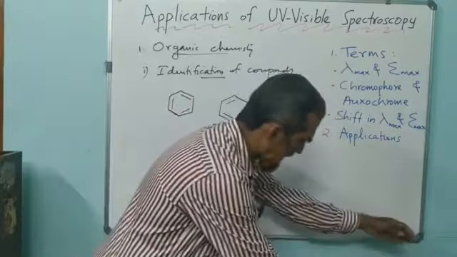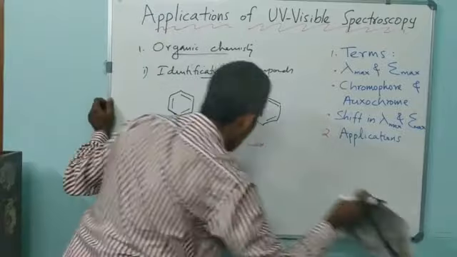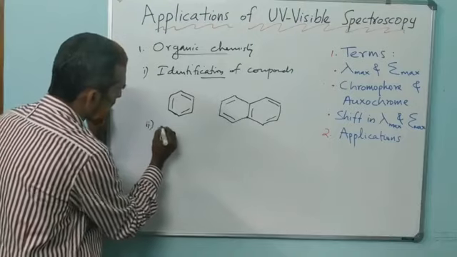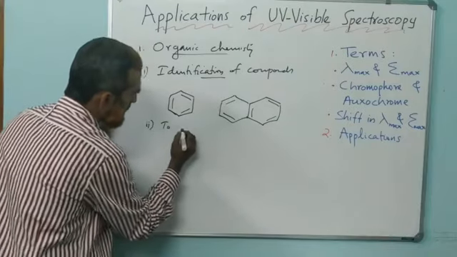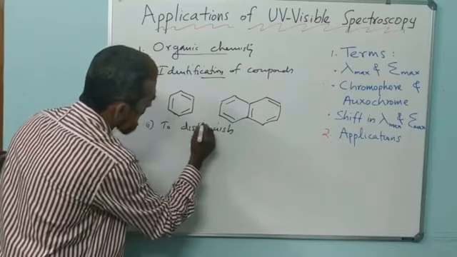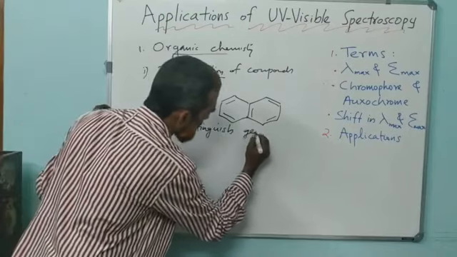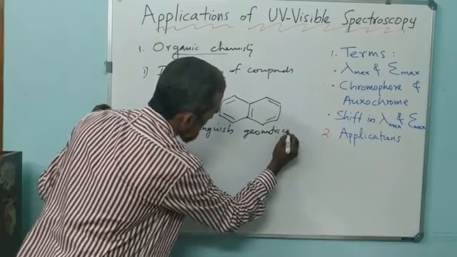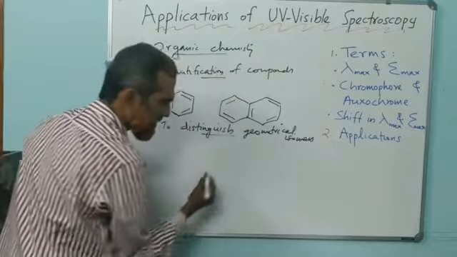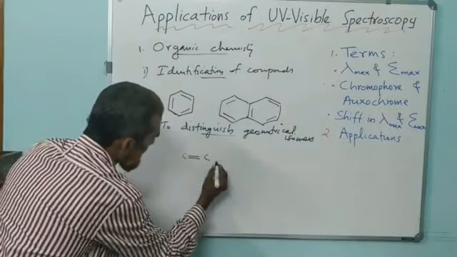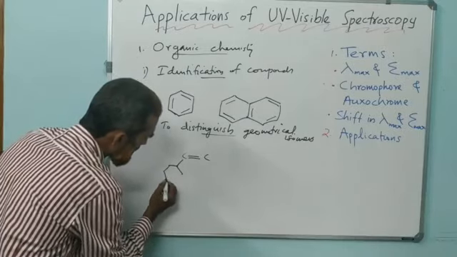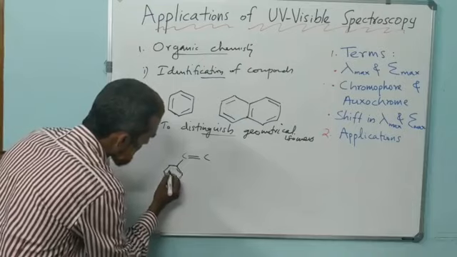Now coming to the second application, we can identify geometrical isomers, to distinguish geometrical isomers or cis-trans isomers. Geometrical isomers. For example, look at this. I am writing a compound that is stilbene, which has two isomers, cis and trans, geometrical isomers.